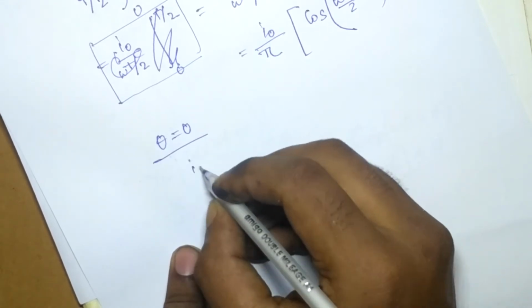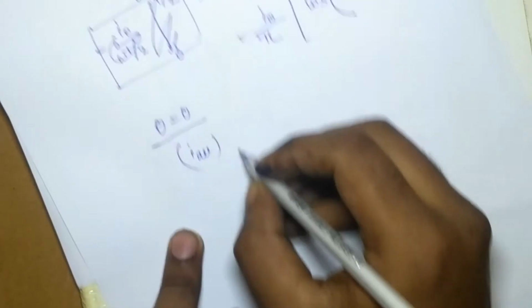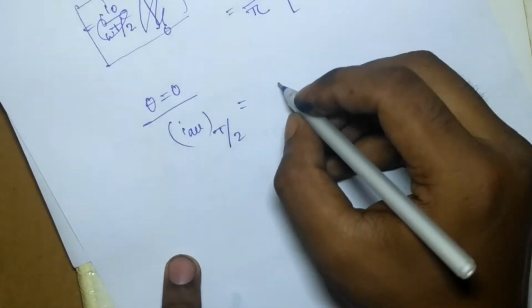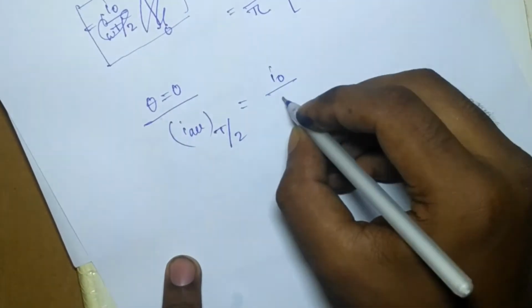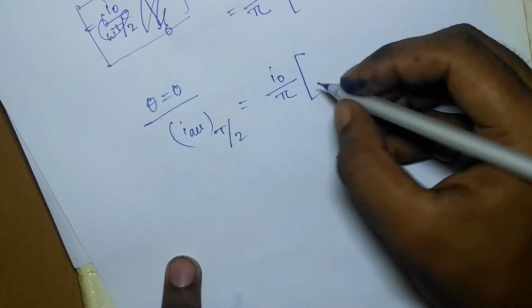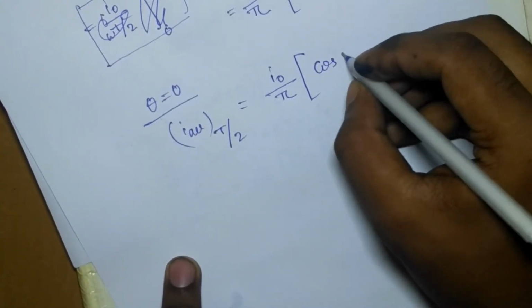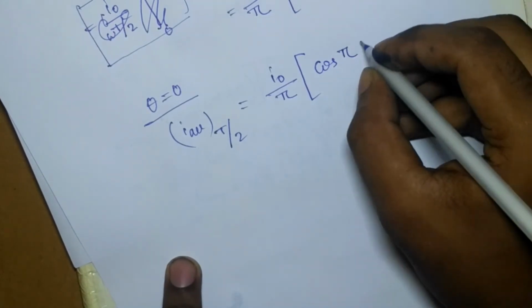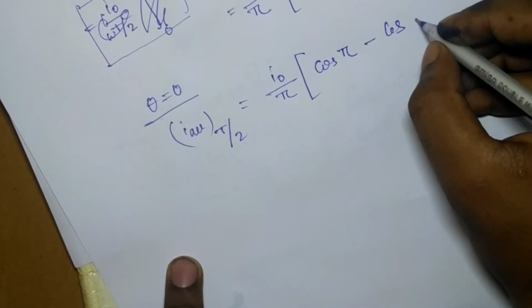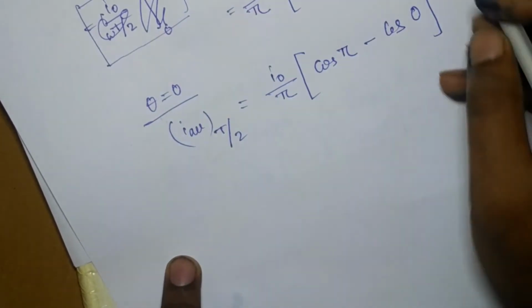So I average for T by 2 equal to I0 by pi, cos pi minus cos 0. Actually we have forgotten one thing.